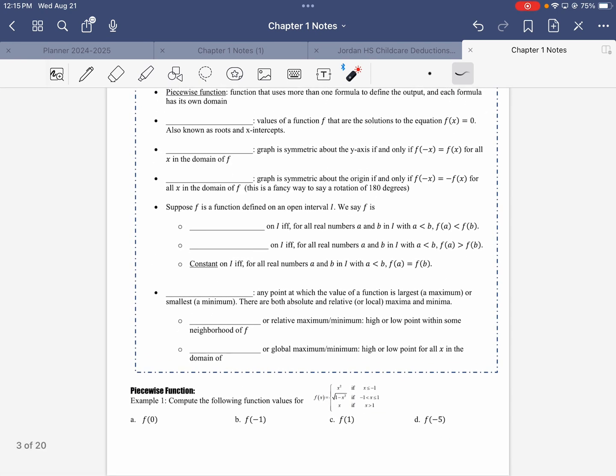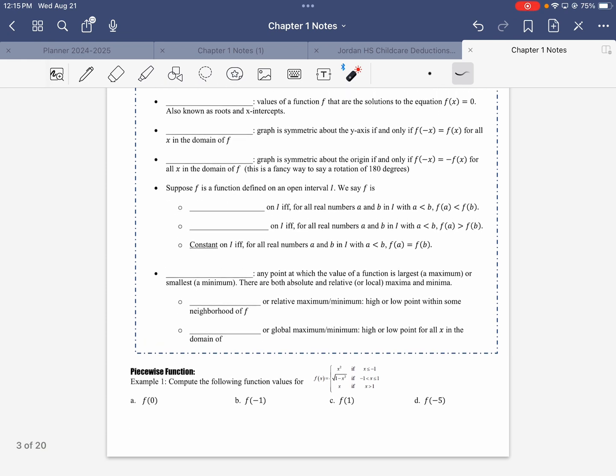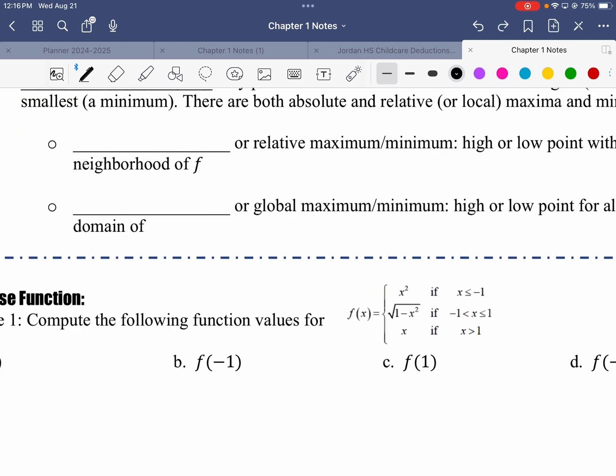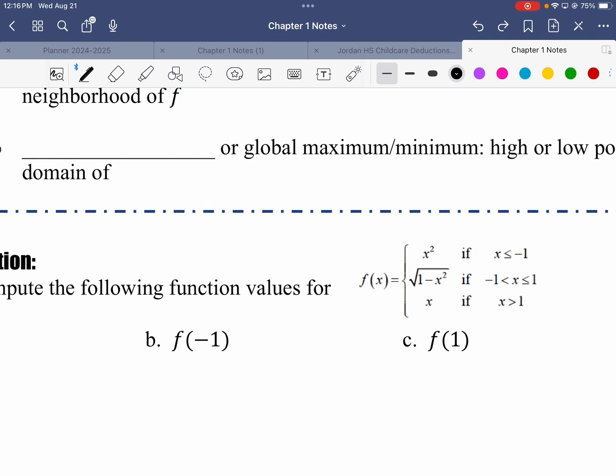So let's go ahead and start with just working with piecewise functions. Let's go down to the bottom of this page. So if it's asking for f of 0, where does 0 fall into this domain? Which chunk does 0 go in? This one, because 0 is between -1 and 1, right?